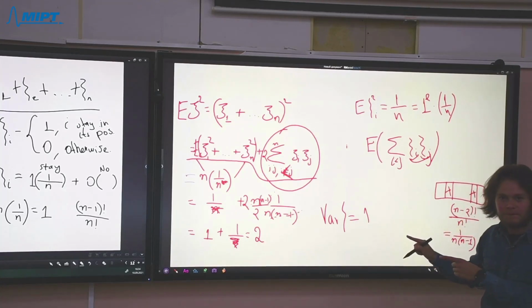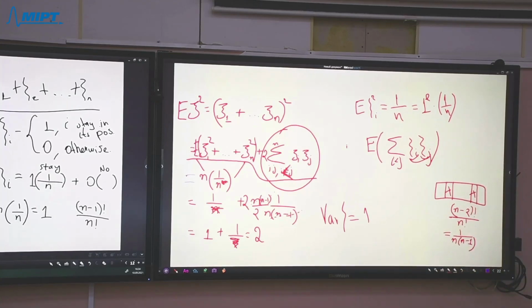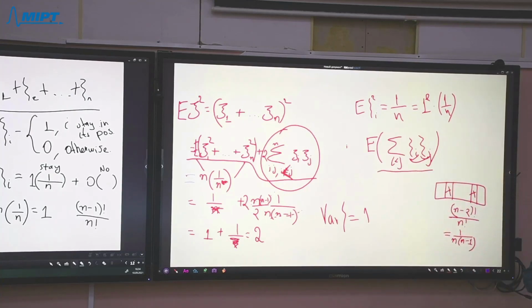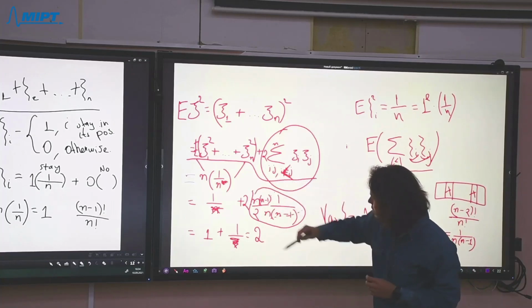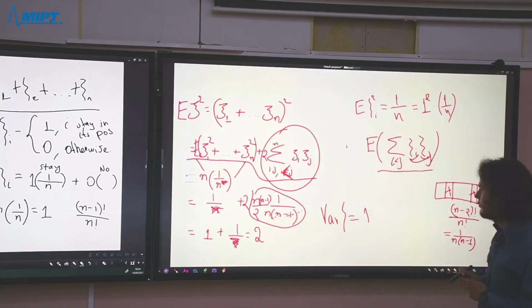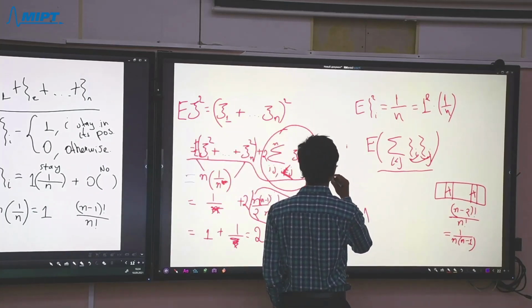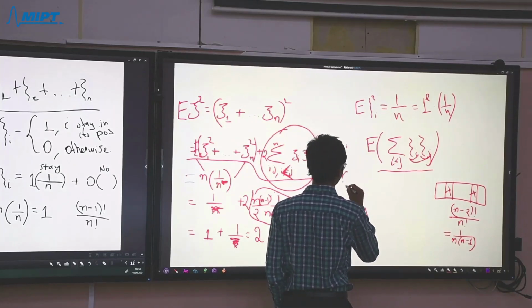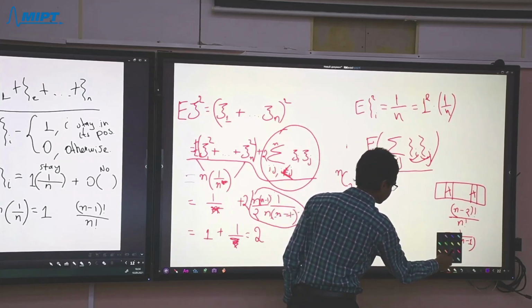Yeah, good. Expected value of this, the answer is this. So is n choose 2? Well, actually, n choose 2. And we multiply by 2, yes. So n times n minus 1.